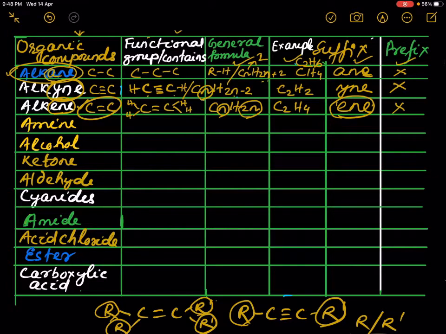For amine, the functional group is NH2. This part is connected to the carbon chain or alkyl group. General formula is RNH2, where R is an alkyl group.